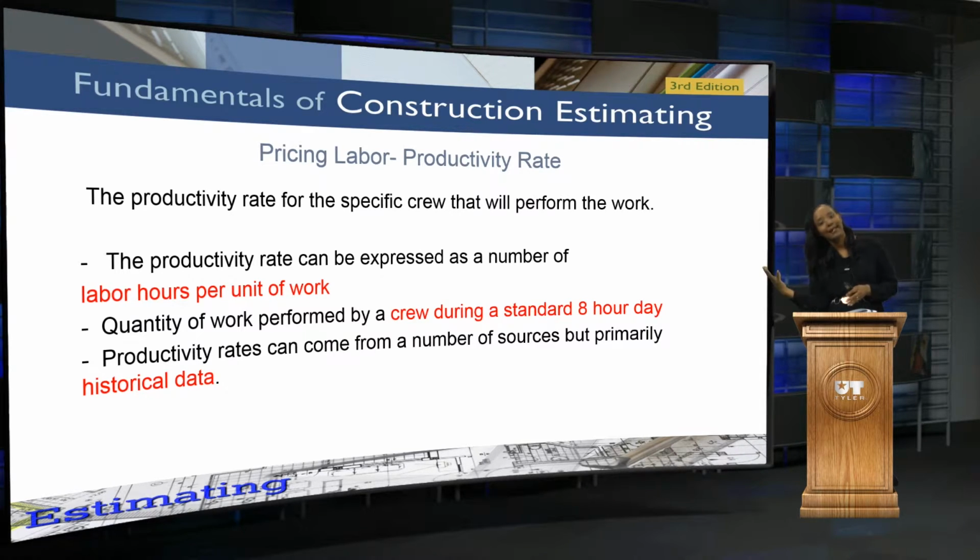Now, if you need to add more to that, then by all means do whatever you need to, because every project's going to be a little bit different. Maybe you have a more specialized project where you have longer work hours than 8-hour days, so you would have to take that into account. But in general, usually you're going to do a standard 8-hour day. Productivity rates can also come from a number of sources, but primarily in our industry, we'll find that most people use historical data.